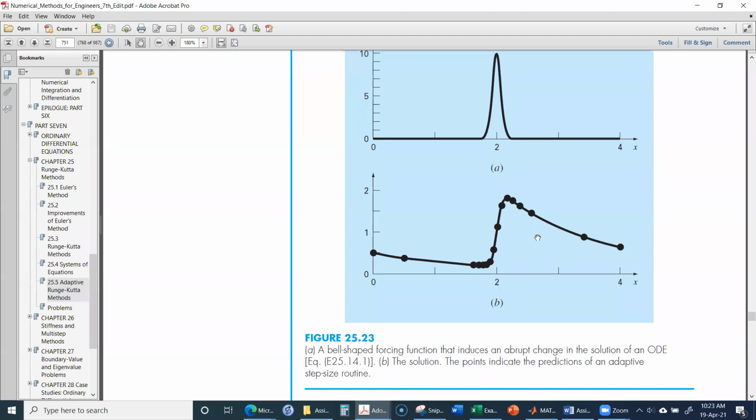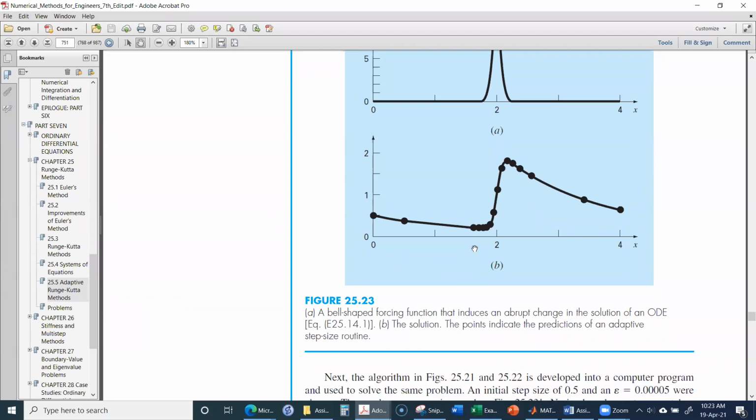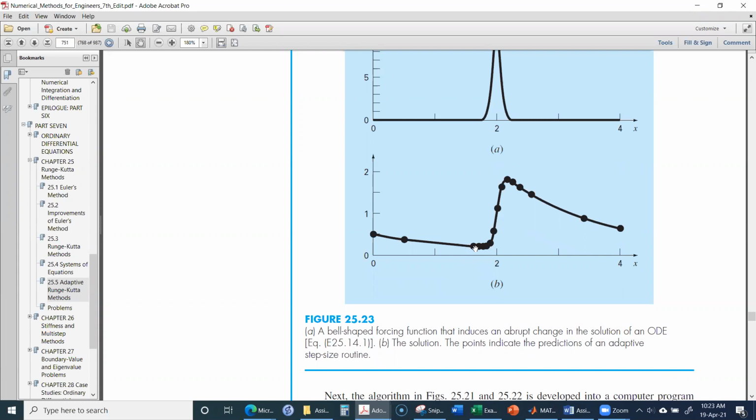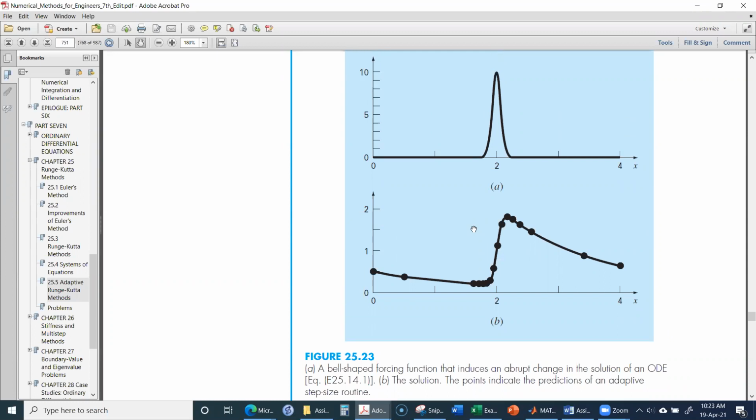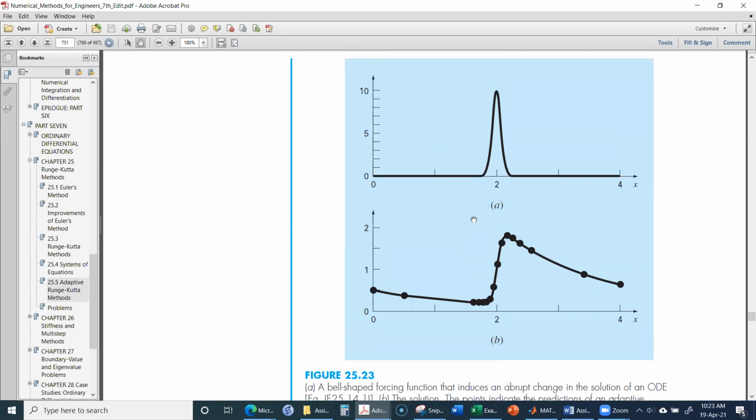This type of approach can be included in the computer algorithm, and therefore we can efficiently determine the numerical solution of the given differential equation.